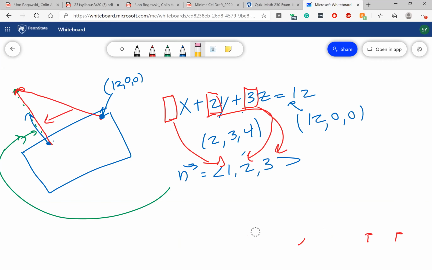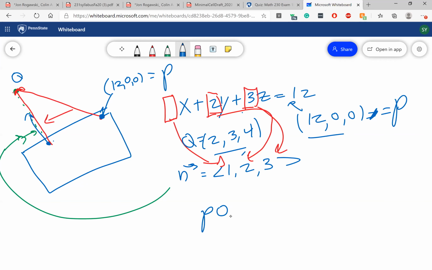All right, so now we want to find the component of the projection. Okay, I'm going to call this vector, sorry, we need to find this vector. Okay, for this, so now we have this point over here and this point. So let's call this P, and let's call this Q. So this is my Q, and this is my P. So now I want to find the vector between P and Q. So this is going to be 2 minus 12, which is negative 10, 3, so negative 3, and negative 4.